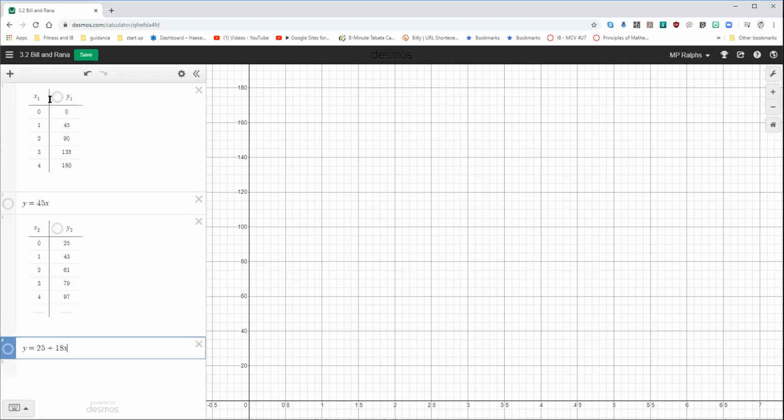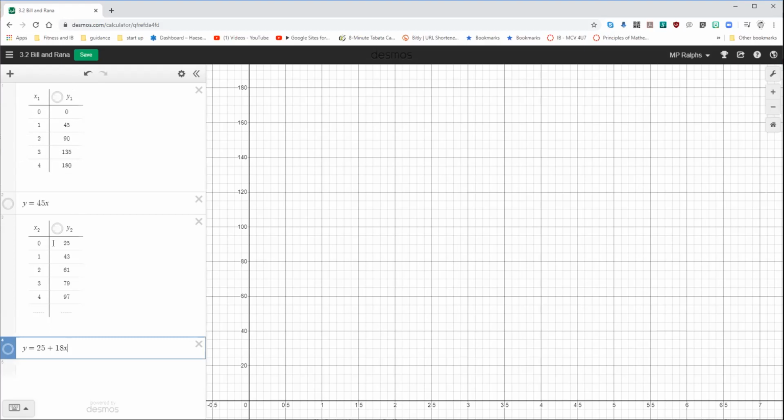And then on the right-hand column, we've got the total charge, or the total cost that Rana will charge the client. And here we've got 0. For 0 hours of service, they're charging nothing, because if they're not doing anything, they're not going to charge anything, because Rana only charges $45 per hour. And then after 1 hour, she charges $45. After 2 hours is $90, 3 hours is $135, and after 4 hours is $180.